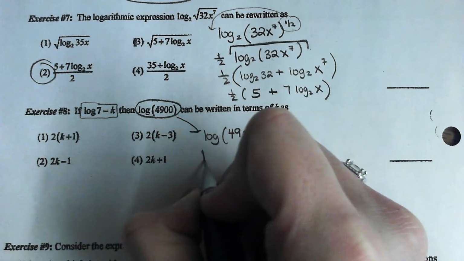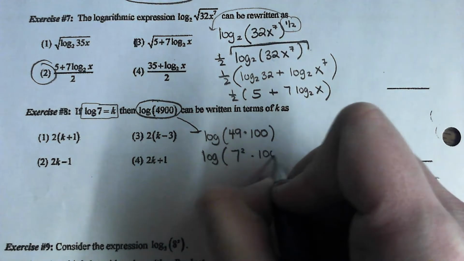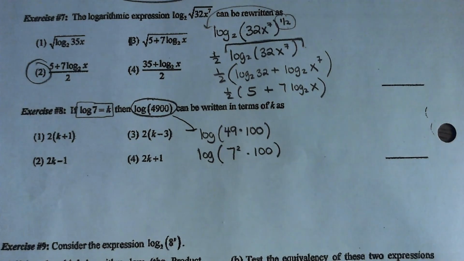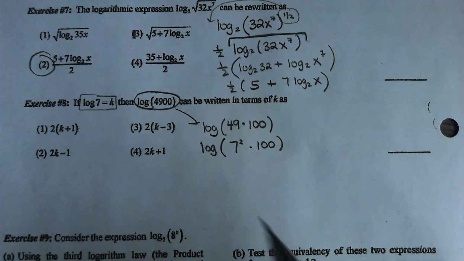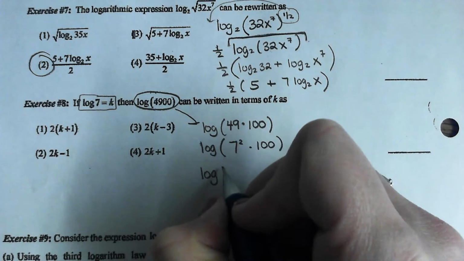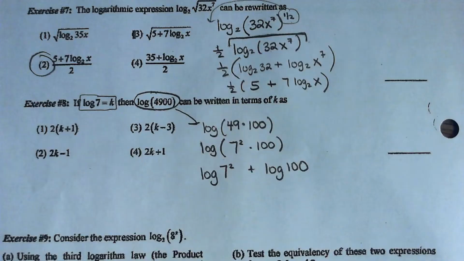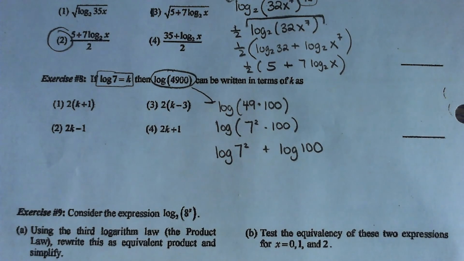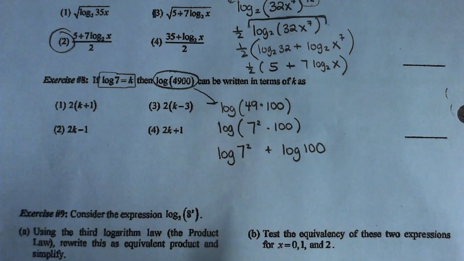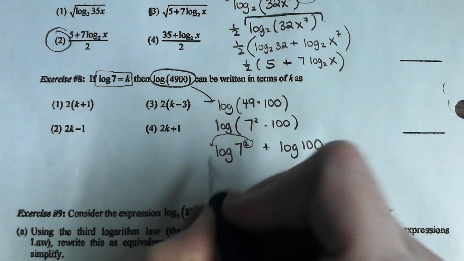And since they told us about the log of 7, I'm going to actually make 49 7 squared. Now I'm going to split the multiplication into addition. I can't throw in that log of 7 equaling k yet because it's not log of just 7 right now. It's log of 7 squared. So that 2 has to come out in front.